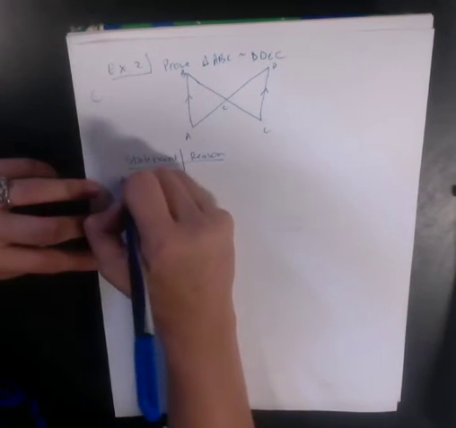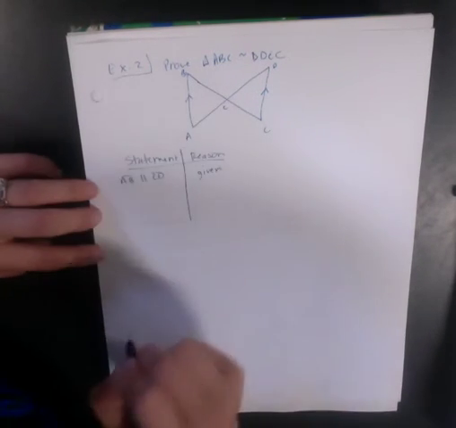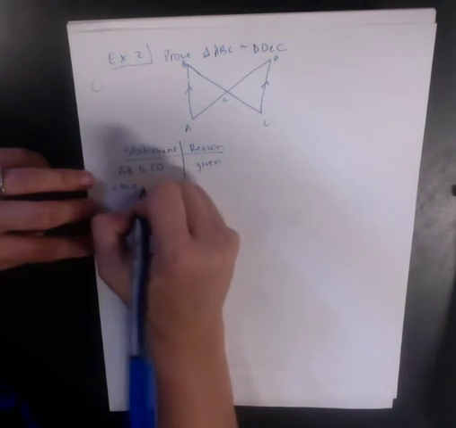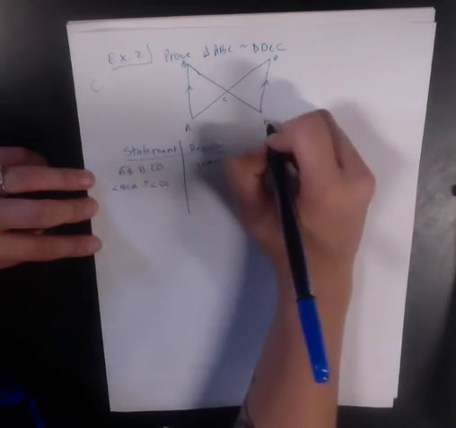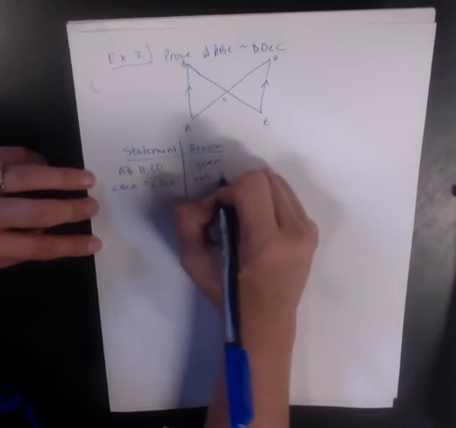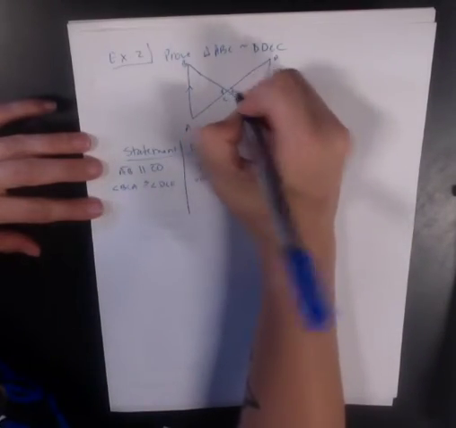Okay, first I say that AB is parallel to CD. That's given. Okay, now I want to go with the easy. I want to see that angle BCA is congruent to angle DCE, vertical angles. So I know that this is true.